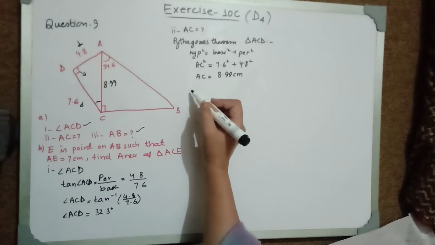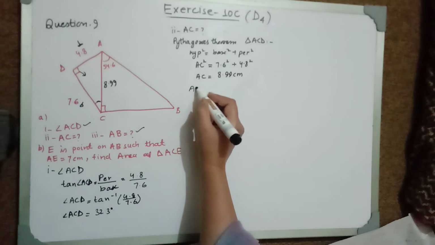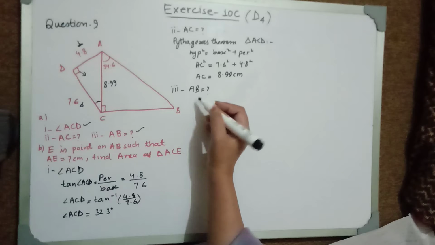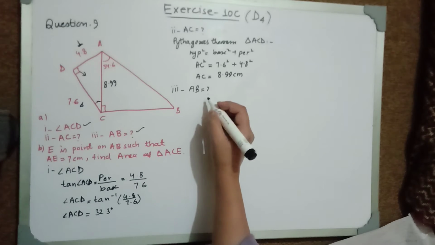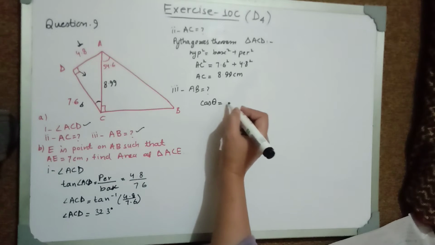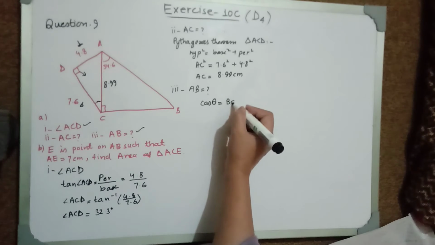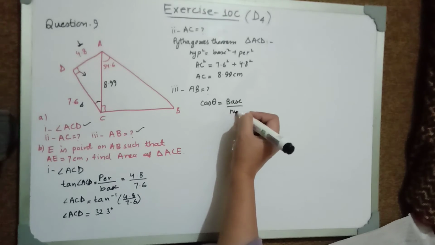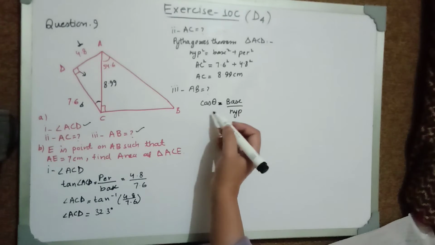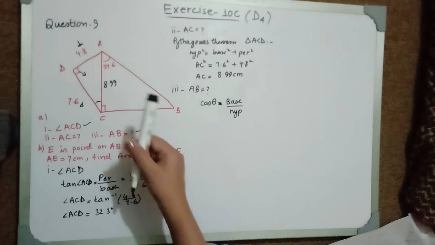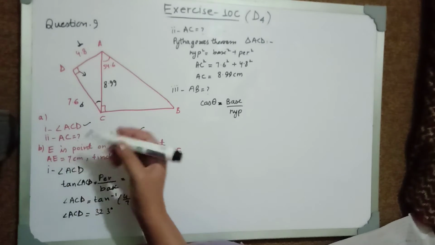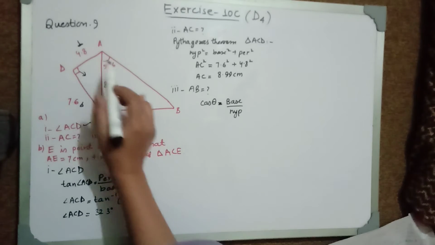So I need to find AB, and I apply the formula of cos theta, the trigonometric ratio cos theta is equal to base over hypotenuse. I know the value of this angle here, besides this 90-degree angle.